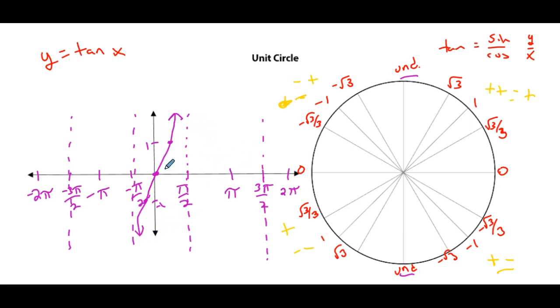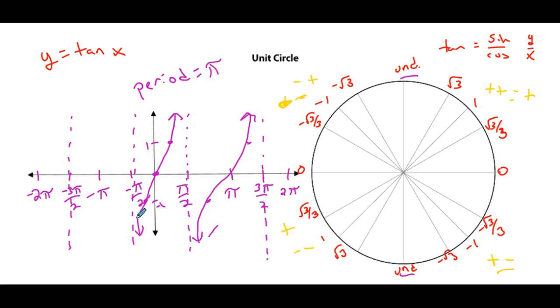And notice it takes until it gets back to this spot. This is just a repeat of the first graph. So to get from here to here means the period equals pi.